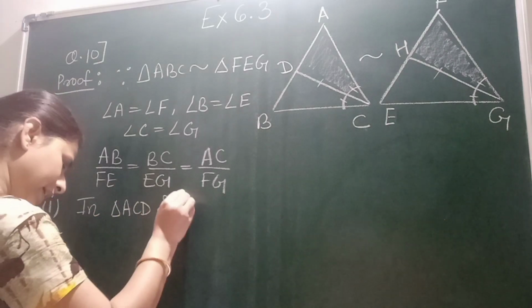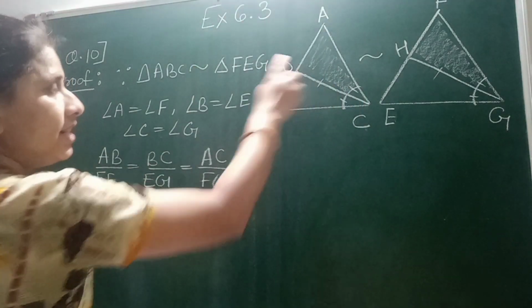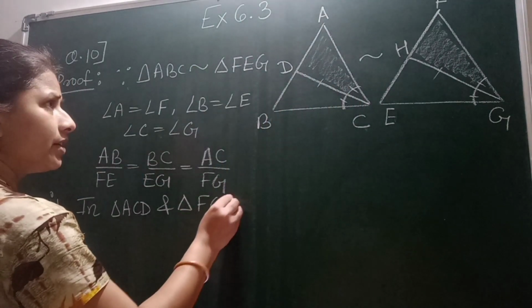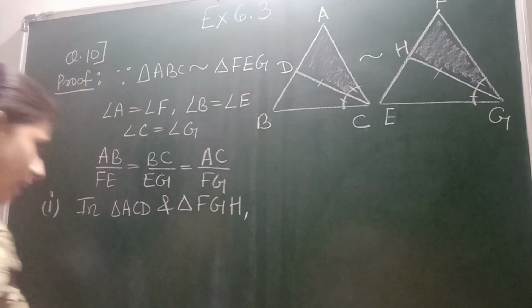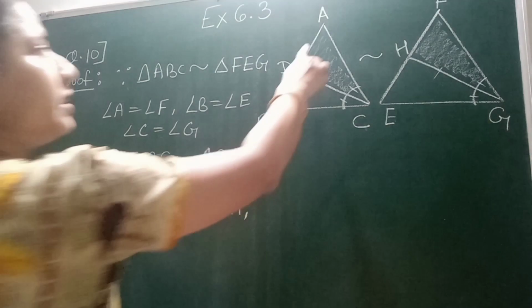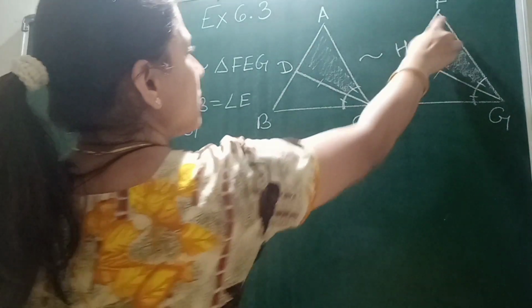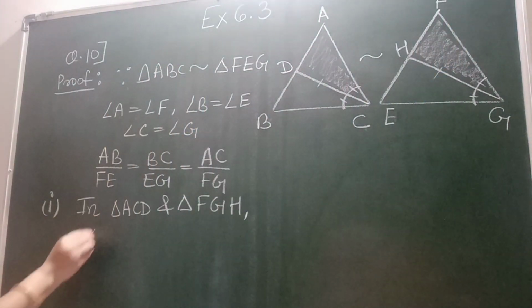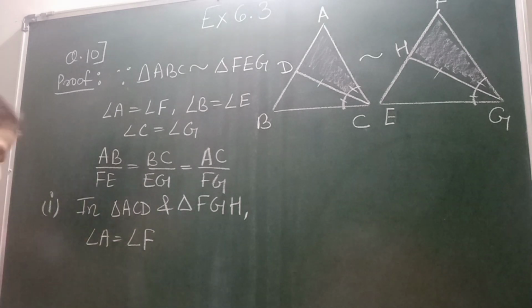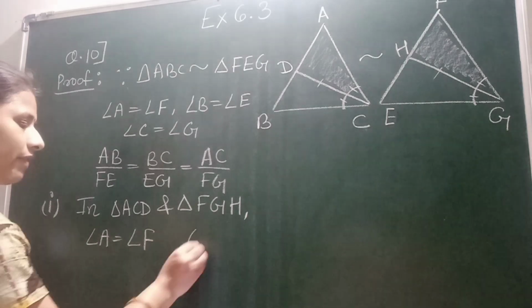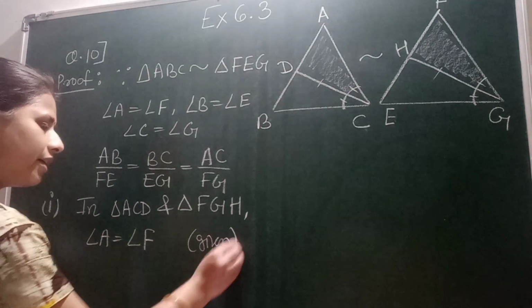Angle A is equal to angle F because both triangles are similar. The reason is given.